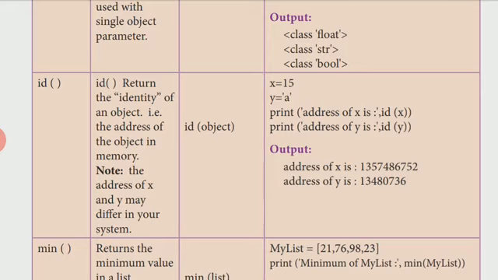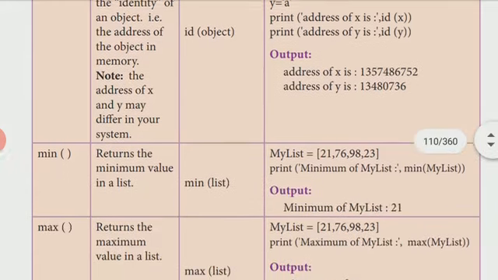In that memory, the location, that is the address of that place where the value is stored, that address is displayed by id. For example, x equal to 15, here they gave id of x, so it will print some number. That number is the address of that value. In that address the value is stored.